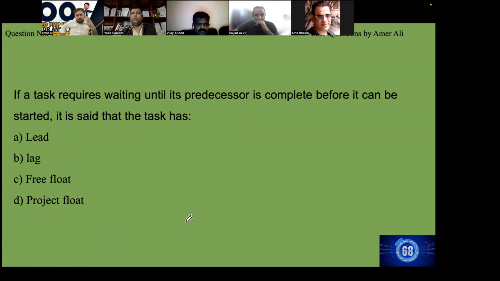Okay, this question is about the critical path, and if you can answer this question, that is more than enough. You will not have to make any critical path in your PMP exam. For the last 3 years, there has not been a single question about scheduling where you have to make a critical path.